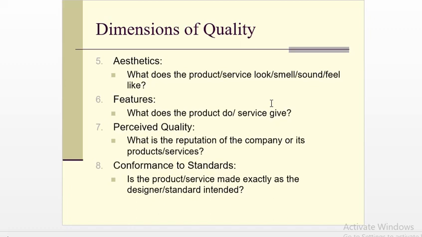Then perceived quality: what is the reputation of the company, like the iPhone. If you purchase an iPhone, the reputation of the company is another dimension of quality. Then conformance to standards: the product or the service is made exactly as the designer's standards intended. So the standard which that company follows is another dimension of quality. These are the dimensions based on which any customer can predict the definition of quality.